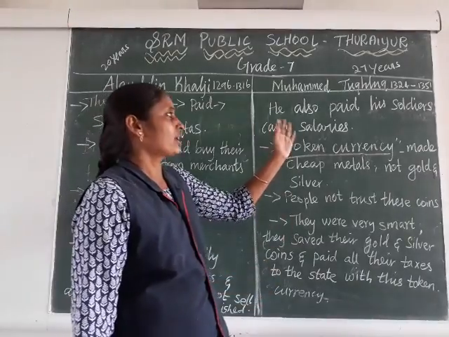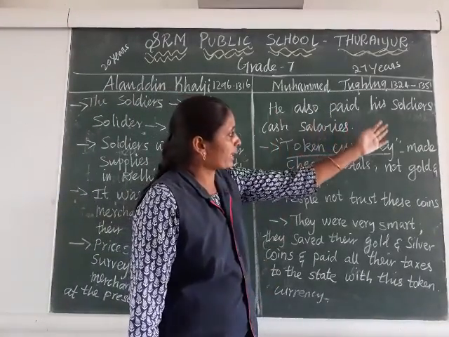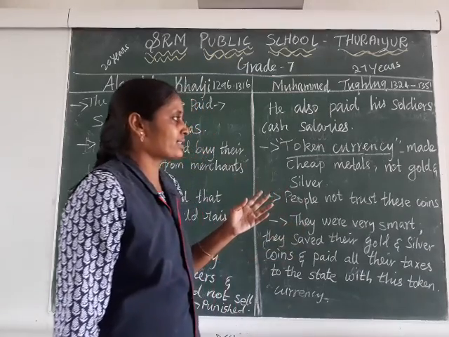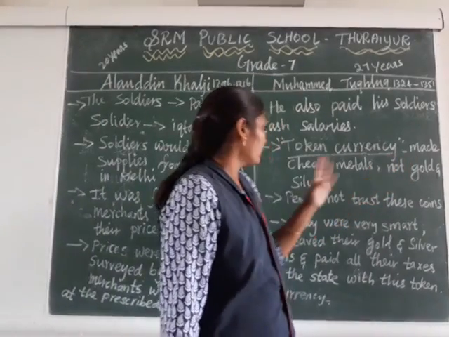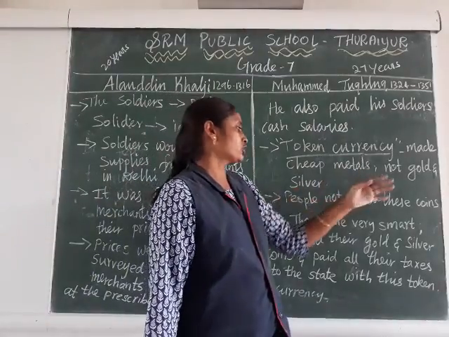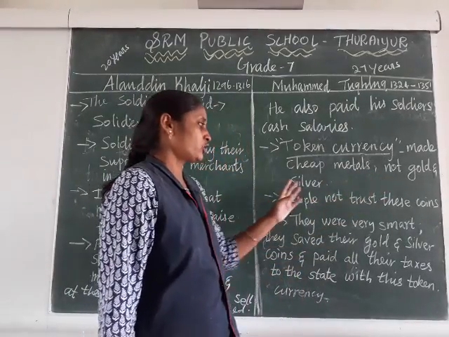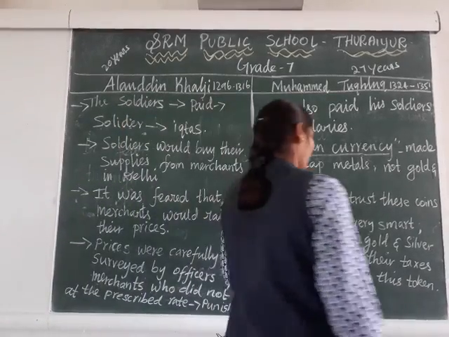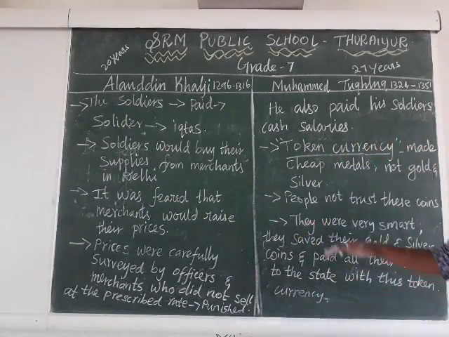So listen here, he also paid his soldiers a cash salary. The token currency was made of cheap metal, not gold and silver. The people did not trust this coin; they thought it was useless. They were very smart.